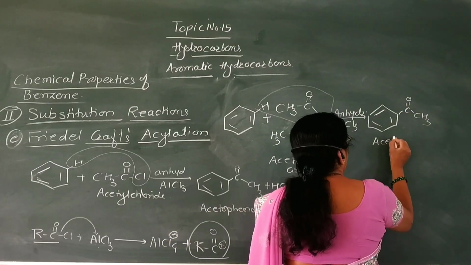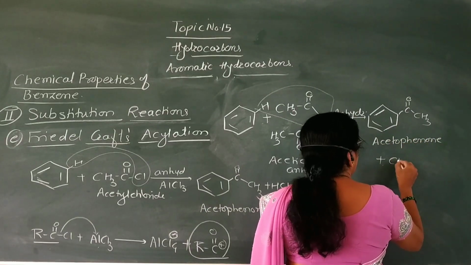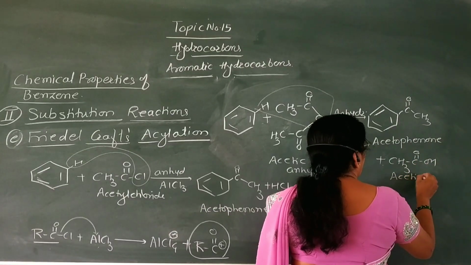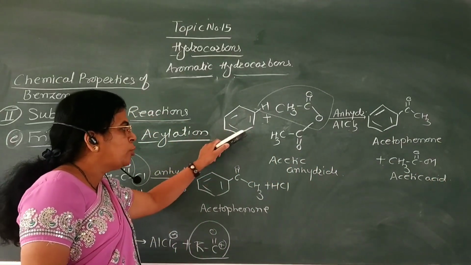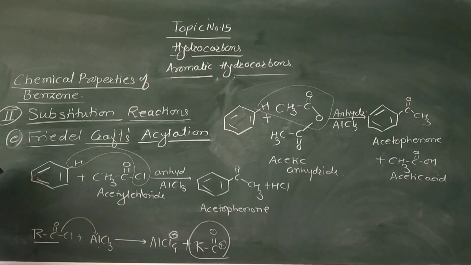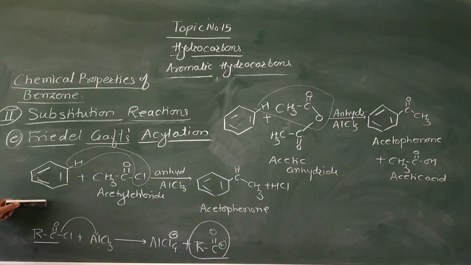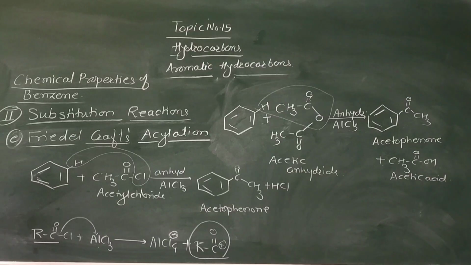This is acetophenone plus CH3COOH. Acetic acid is formed. That is, acetylation of benzene is also carried out by using acetic anhydride. In this way, acetylation of benzene is carried out by using acetyl chloride and acetic anhydride. In acetylation reaction, one hydrogen atom of benzene is replaced by a COR or acyl group to form the corresponding aromatic ketone.